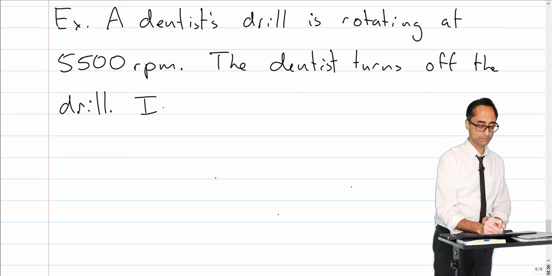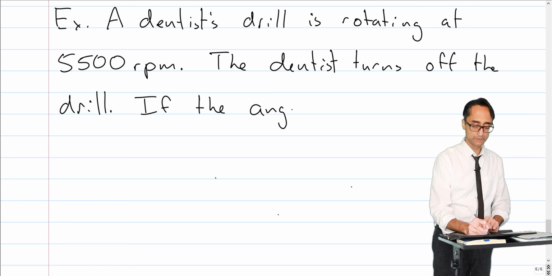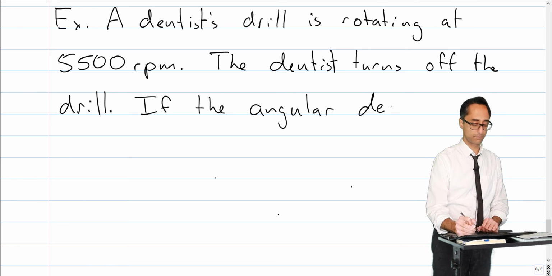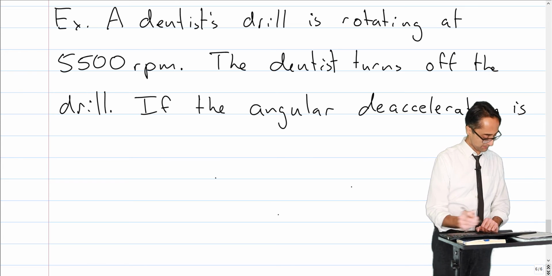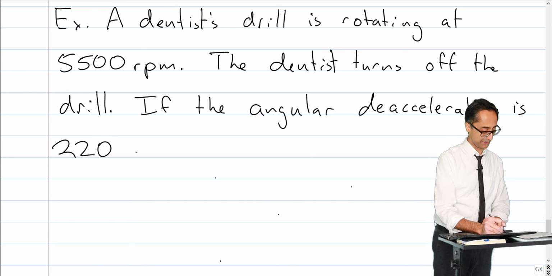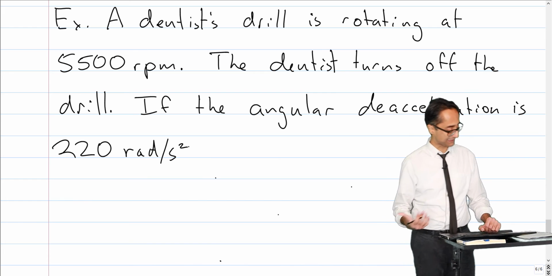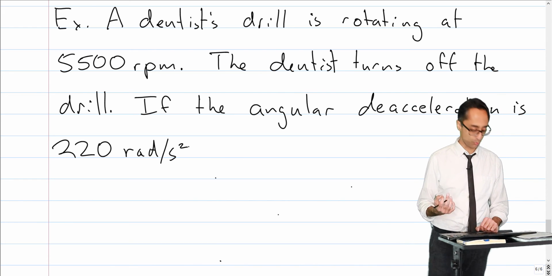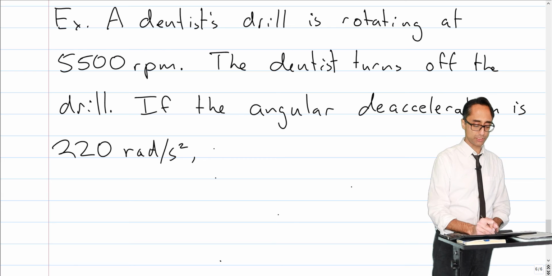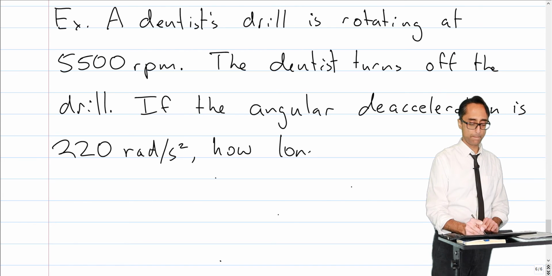Let's say the angular deacceleration of the drill is, let's use 220 radians per second squared. Much harder to make these problems and much harder to assess if your answer makes sense because we are far, far less familiar with these sorts of terms. But your question is, how long does it take to come to a stop?